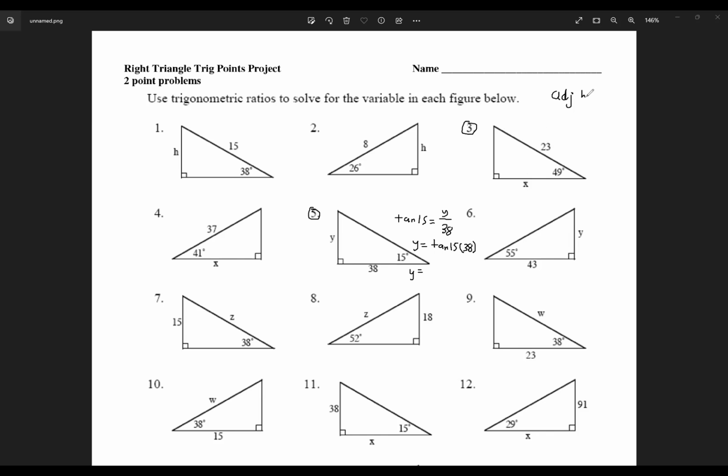Hypotenuse. So cosine. Exactly. So tell me what to write. Cos 49 equals x over 23. There you go. So what does x equal? Cos 49 times 23. There you go.